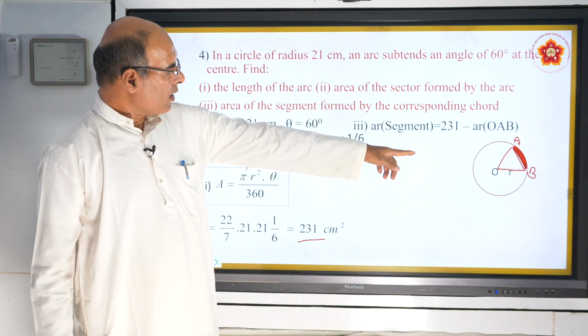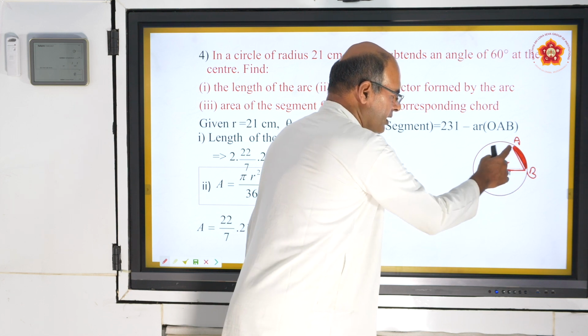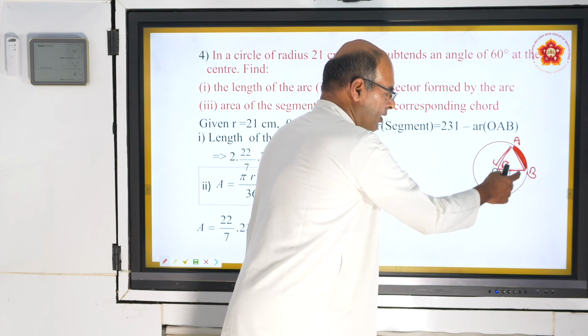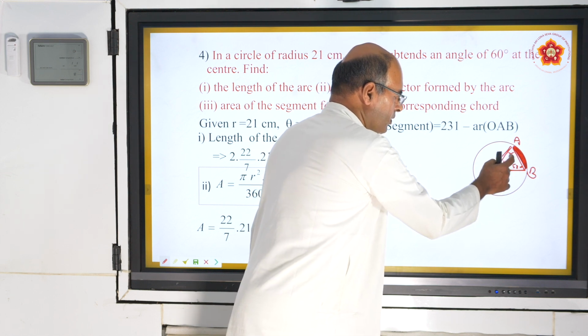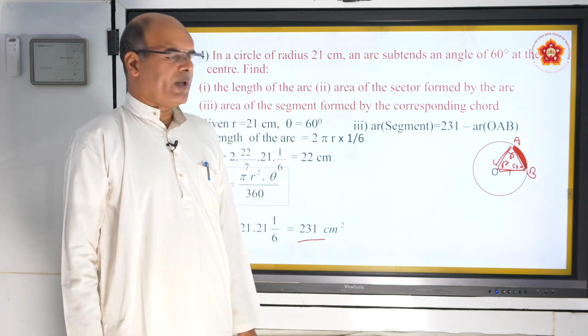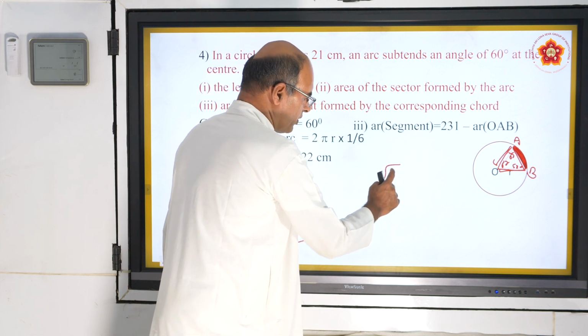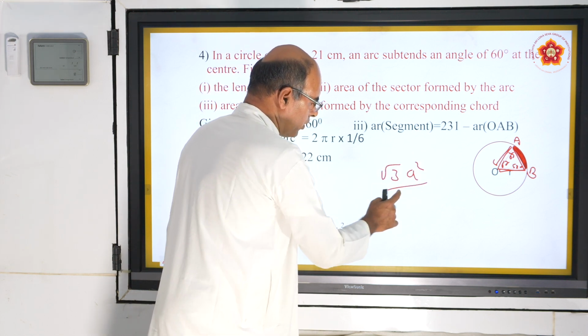See, the angle of the sector is given as 60 degrees. Radii of the same circle are equal, therefore it is an isosceles triangle. If you calculate these two base angles, they will also be 60 degrees. That means this triangle is an equilateral triangle. To find the area of that equilateral triangle, you can use the formula root 3 a square by 4.